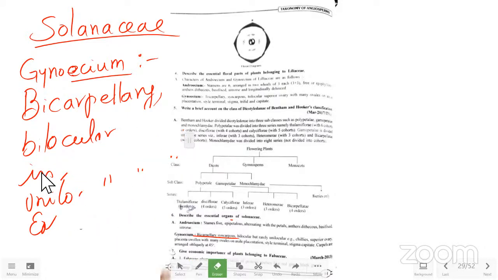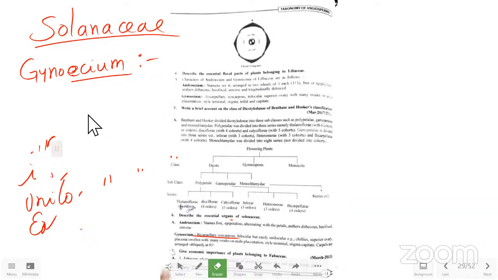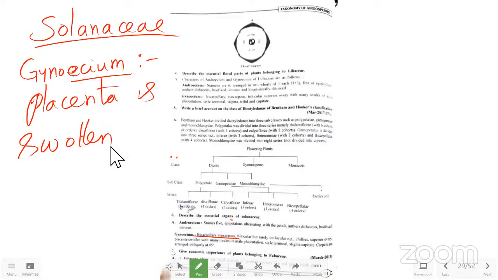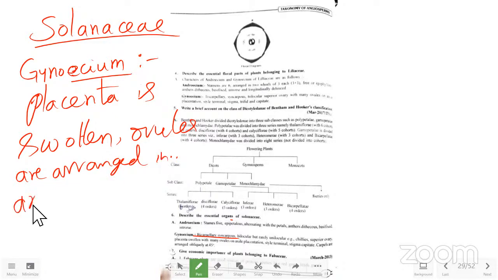The ovary is superior. The placenta, that is the septal wall, is swollen at the base of the ovules. The placenta is swollen, and the ovules are arranged in axile placentation. What happens after this?